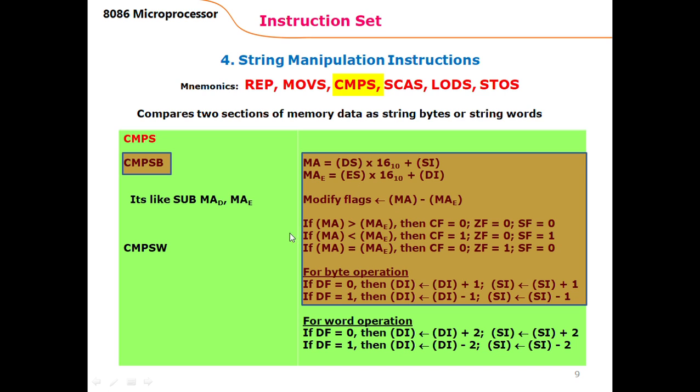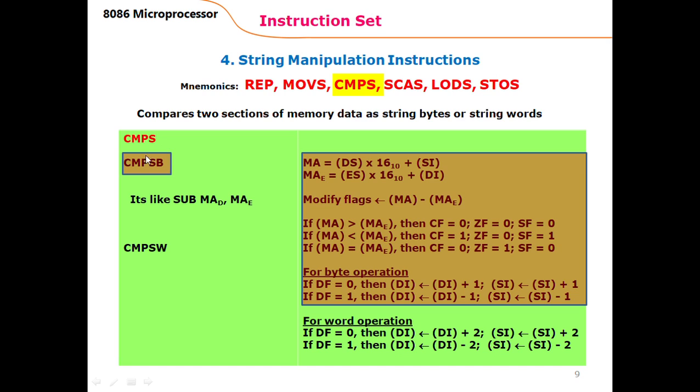After we have the physical addresses of the source and destination, the byte from the extra segment memory location addressed by this physical address is subtracted from the byte from the data segment, and the result is stored nowhere, but the result causes some flags to be modified.